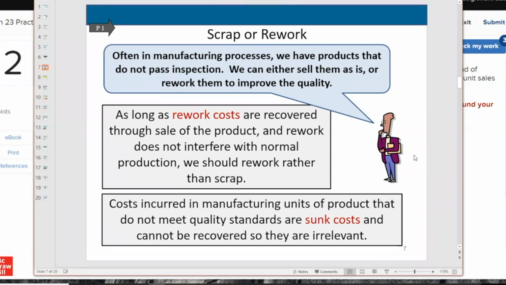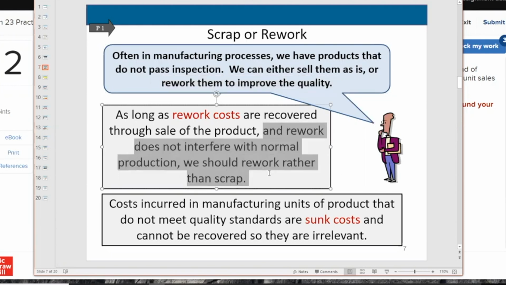You know, when clothing manufacturers make a mistake on their clothing, like the buttons are in the wrong place or the stitches aren't right, they have 2 choices. They can either fix it, or we can just sell it as is, which means scrapping it. So it just depends on what you want to do, but you need to analyze the costs and the benefits of doing that.